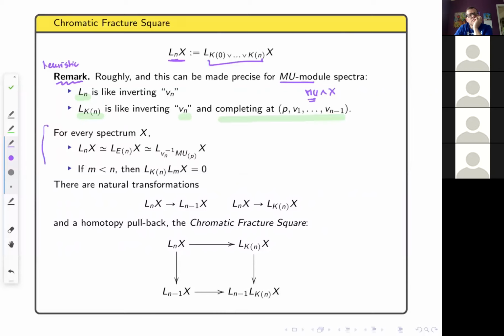For every spectrum X, Ln of X, the localization at this wedge, is the same as localizing at Johnson-Wilson theory, and it's the same as localizing at the theory you get from MUP by inverting vn. So let me say now, inverting vn on MUP: I'm going to let this be the degree of vn, so it's 2 times p to the n minus 1.